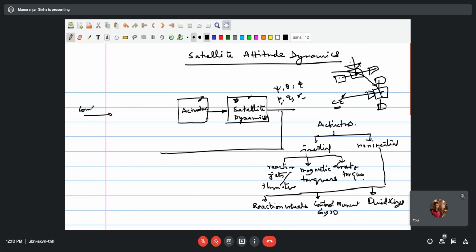Let us say this command we write here, which is also called in controls the reference signal. So this command needs to be followed.